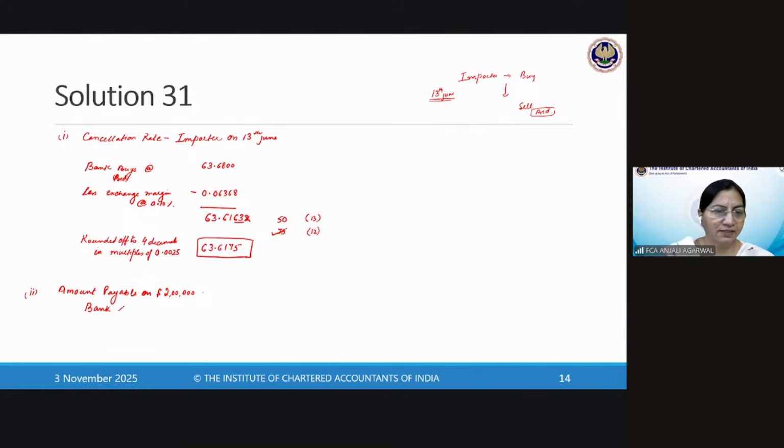So bank sells at 64.40 and bank buys at 63.6175.